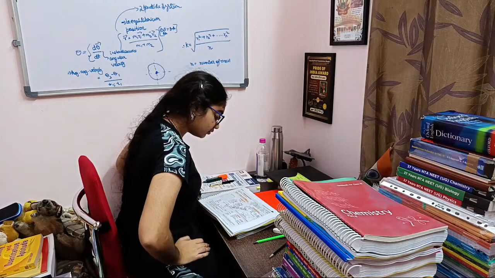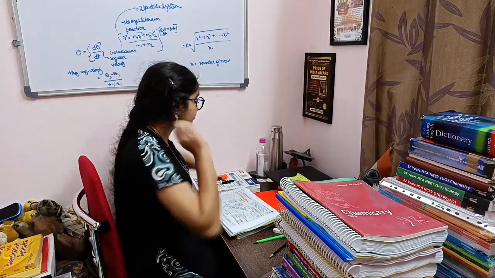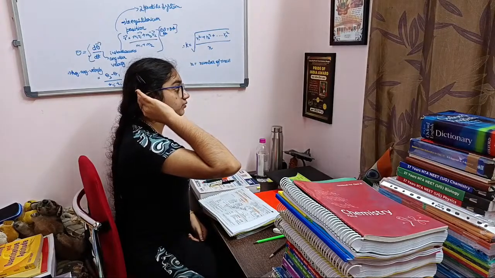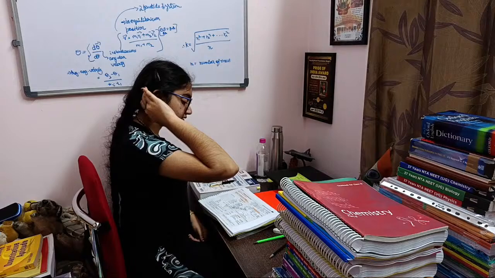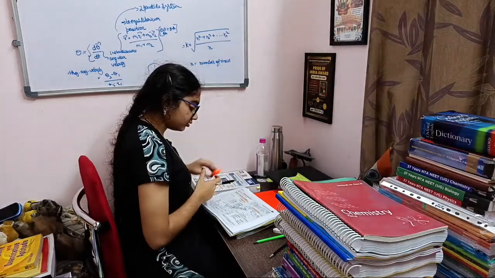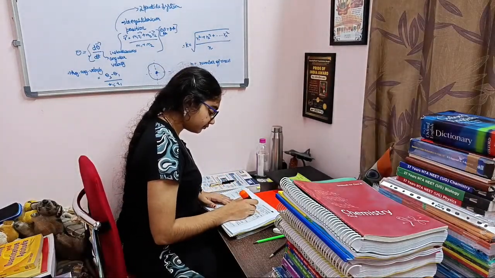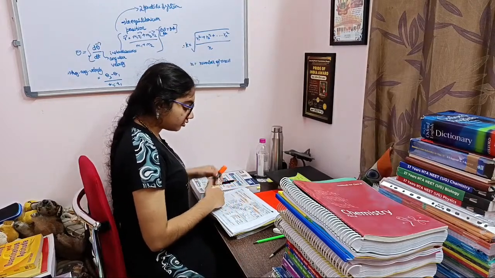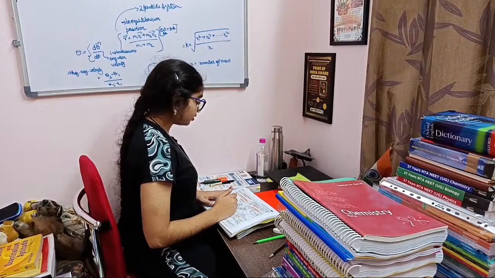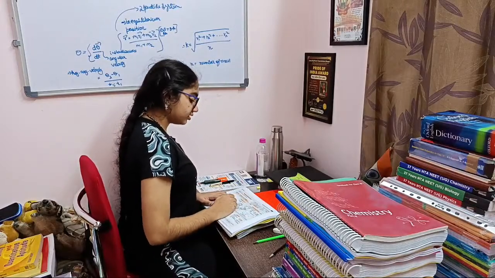Now, residual volume is the air left in the lungs after forceful exhalation. It is around 1100 to 1200.